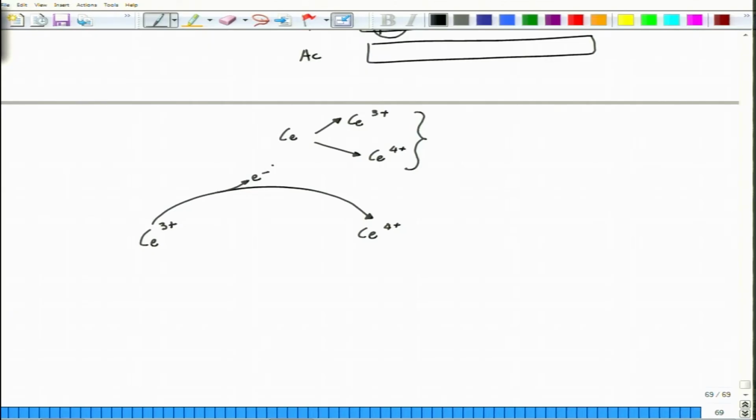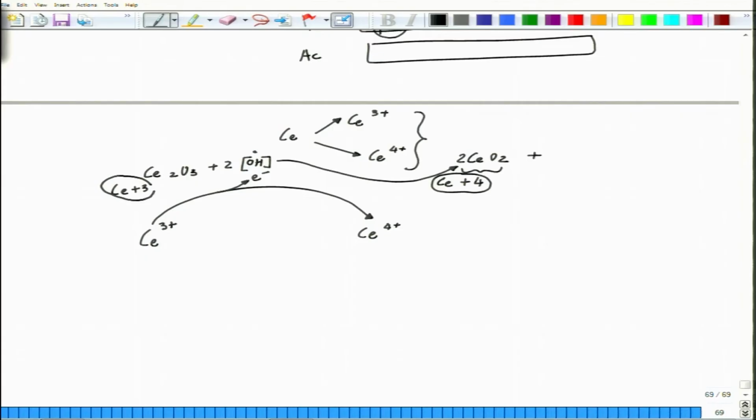If it gives away an electron, in that process, with Ce2O3, which is oxidation state 3+, and the OH free radical sitting there, that OH free radical transforms into CeO2, balancing it, with cerium in the 4+ state, plus water, H2O.